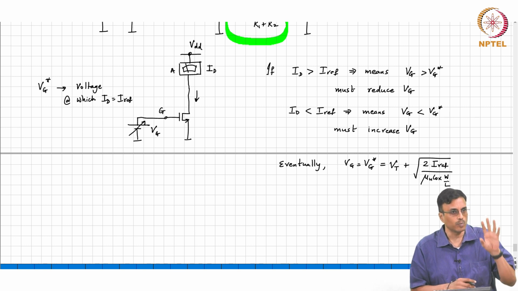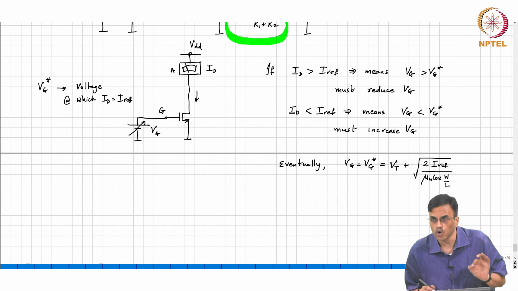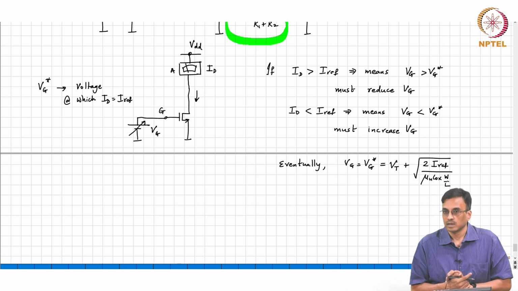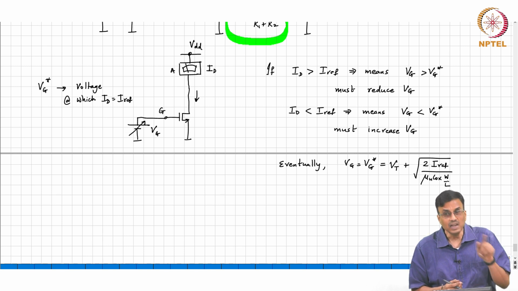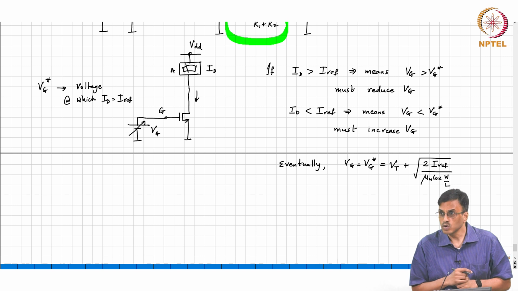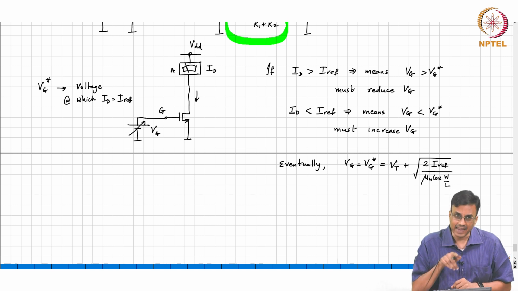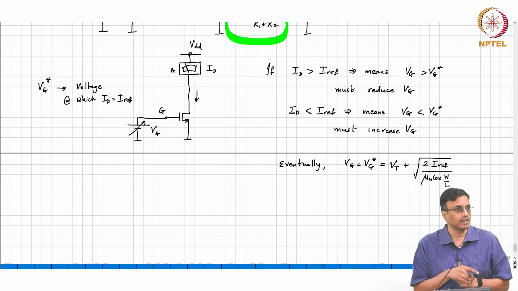Please note that we did not know either mu n Cox W by L or Vt, but still we have managed to find the exact voltage needed at the gate to ensure that the drain current is equal to Iref.